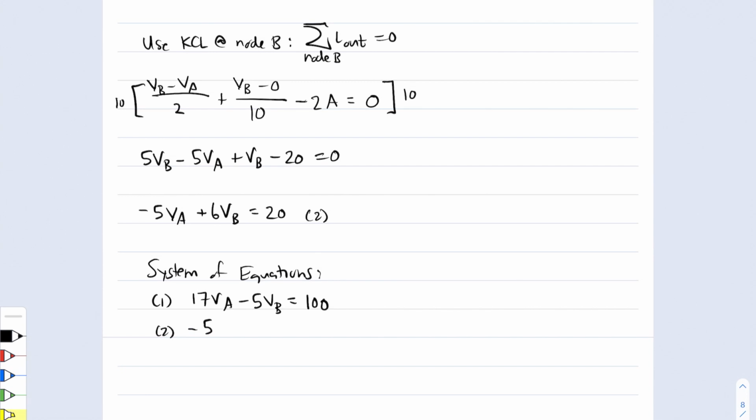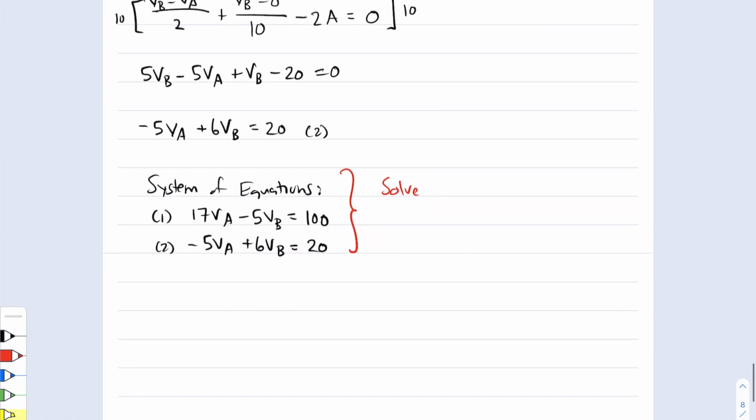And then equation number 2 is minus 5 VA plus 6 VB, and that is equal to 20. Now, for the system of equations, you need to solve this. Now, this is an electrical engineering class, not a math class. So I threw these into a calculator previously.